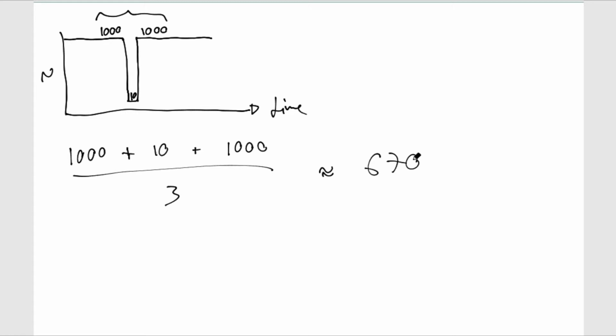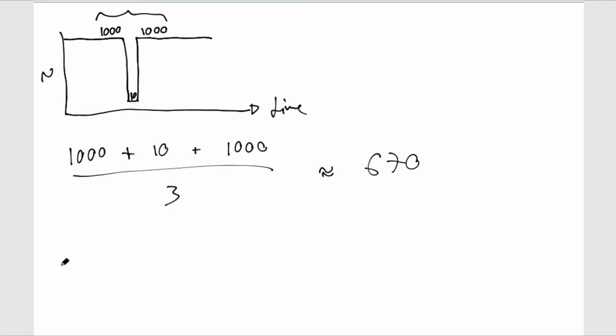Now, it's tempting to do that because we're just used to taking averages, and this type of average is called, in mathematical terms, the arithmetic mean, where you just add up all the numbers and then you divide by the number of numbers that you actually have. Well, it turns out that the effective population size of a population that changes in size is not the arithmetic mean; it's the harmonic mean.